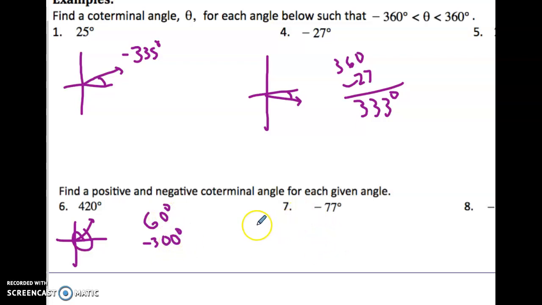Number 7, negative 77 is an angle that goes about down to there. So we could think of a negative, make it more negative, if we continue around and go around once more. So we have negative 77 plus another 360. That would be negative 437.